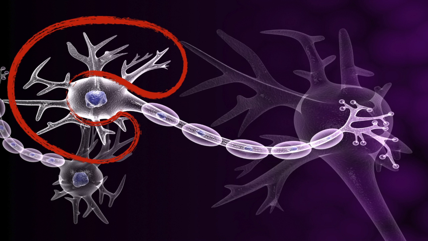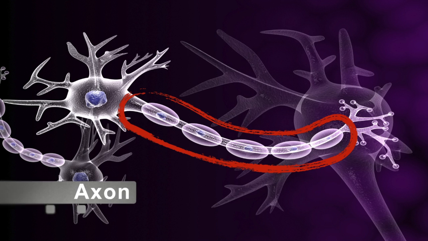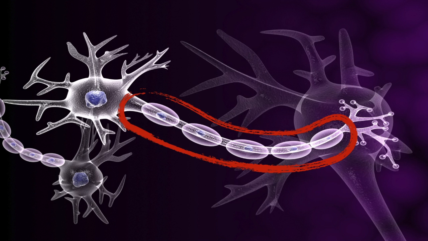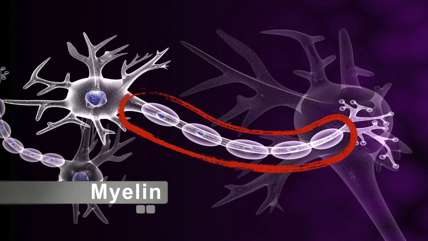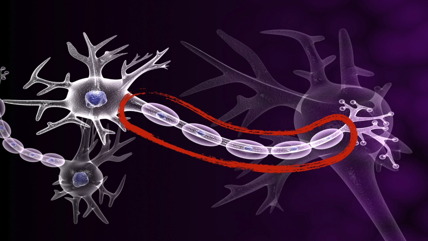Coming out the other end of the cell body is the axon, and the axon is fundamentally an electrical connector. It's a tendril that comes out, and an electric signal comes down through the axon. And those little blobs that you can see hanging off the axon are called myelin. Now, not every axon will have myelin, and in fact, it's part of the learning function that the more you practice, the more you learn to do something, the more likely a myelin sheath will be formed over the axon, and it helps the electrical signal travel down the axon.